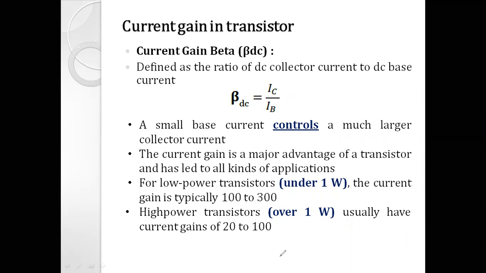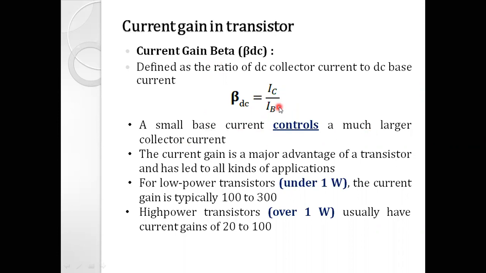When the DC biasing is applied between the base and the collector terminal, the output current is the collector current and the input current is the base current. So the ratio between these two currents is known as the current gain beta. A small base current controls a much larger collector current.